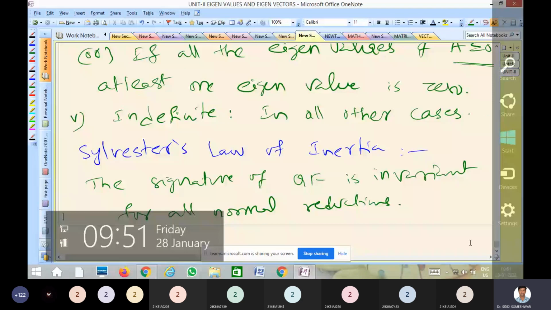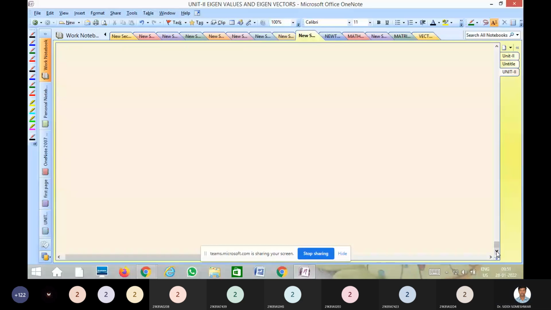So the methods of reduction of quadratic form, or we can say sum of squares form.